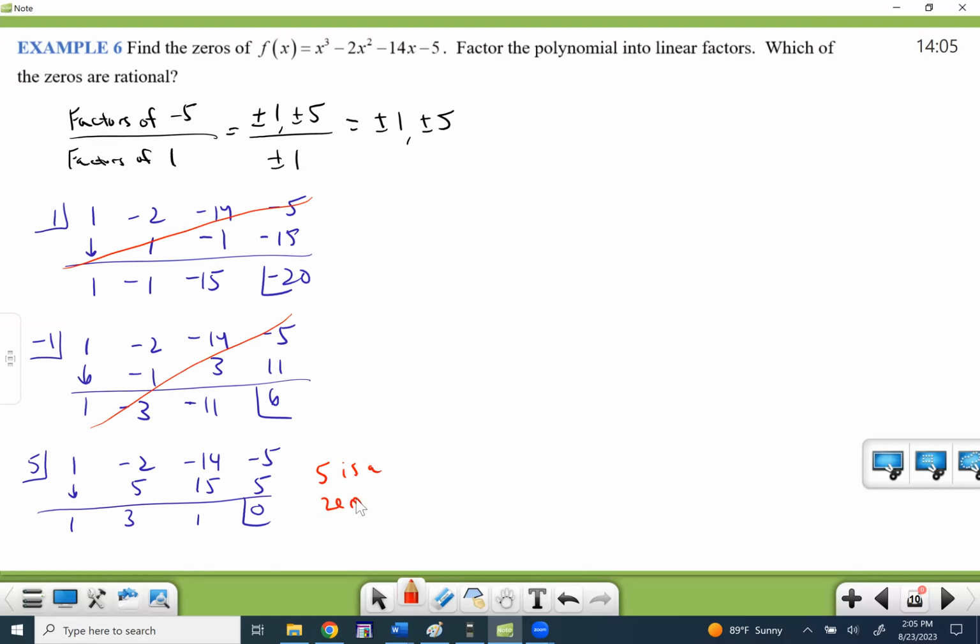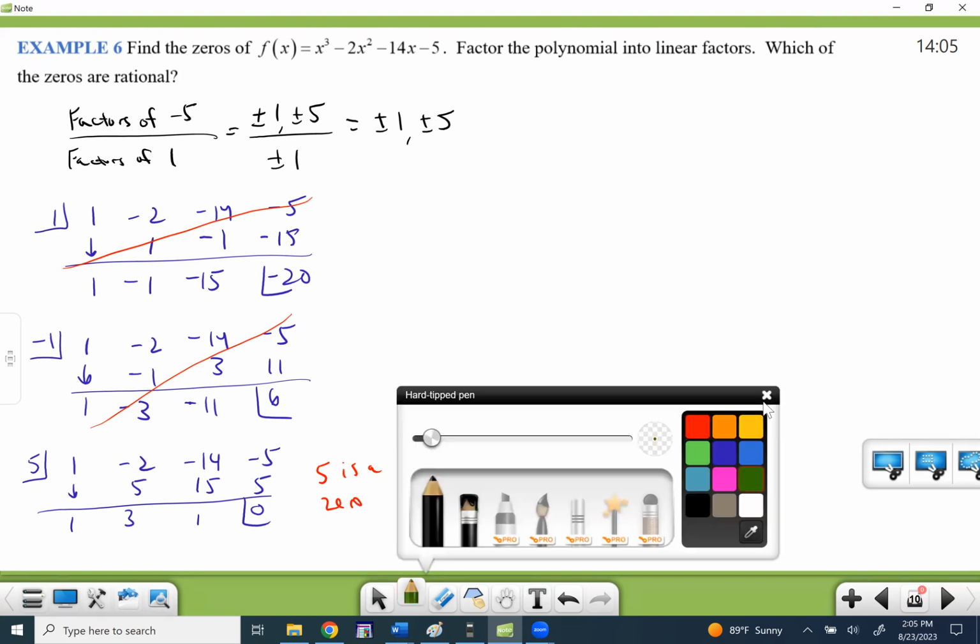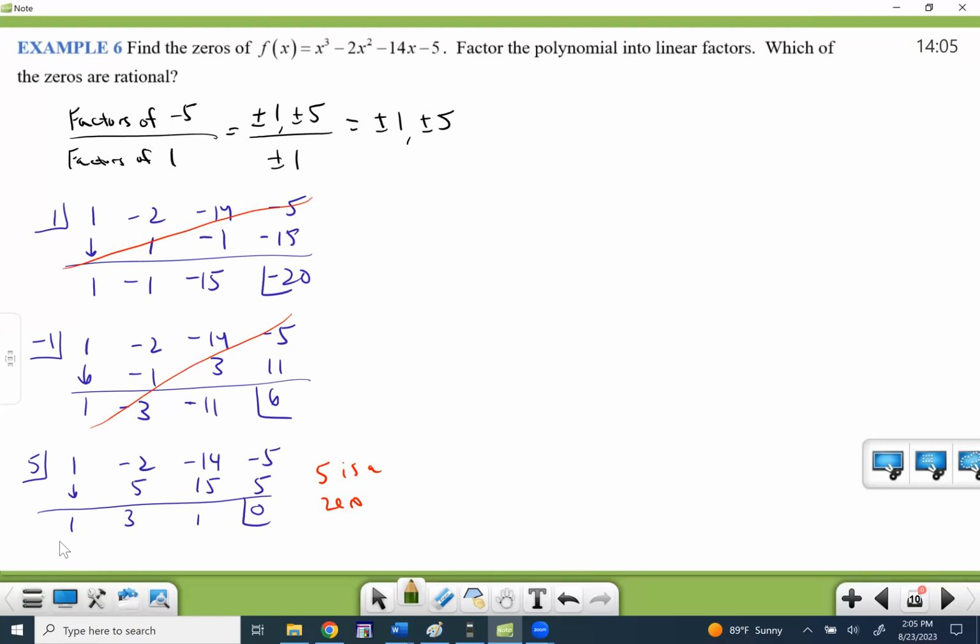Okay. Now, if we look at the polynomial that remains, and we put the x's back, then this is going to be 1x squared. Now, why is it x squared? It started off as an x cubed, and we always go down by 1, right? So this is 1x squared plus 3x plus 1 that we're going to set equal to 0.